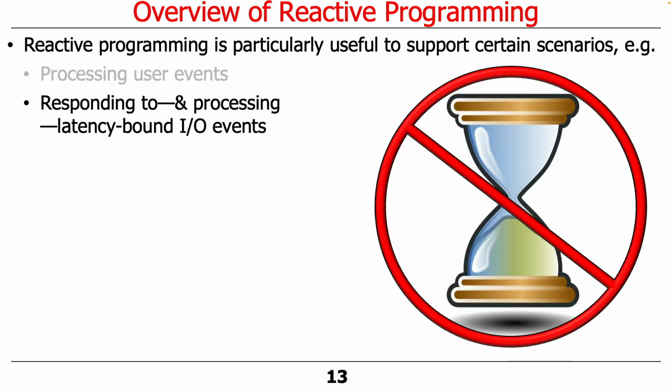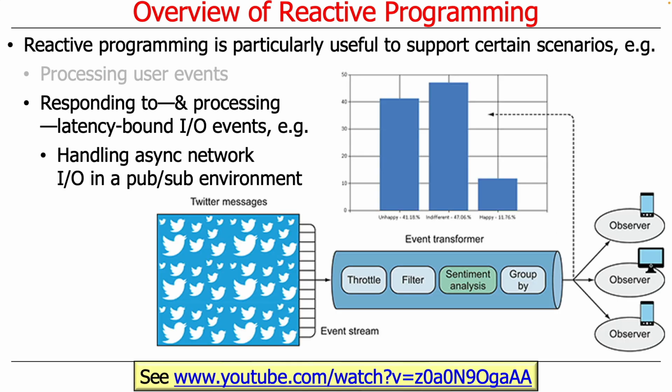Another very popular way to use it is responding to and processing latency-bound I/O events, so things where they could block. And here's a nice little picture that illustrates this.